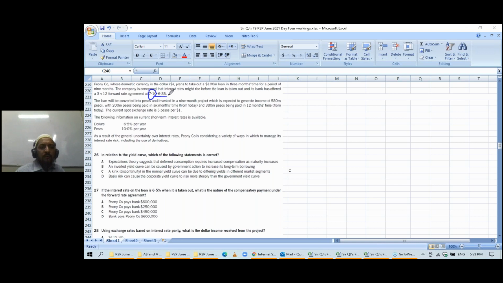This amount of guarantee has been given by the bank, and this is a question in which they want to borrow for 9 months. It's 9 months borrowing, 12 minus 3, and the loan is required in 3 months' time, and there is a loan of 100 million. So now what happens? The rate remains at 6.5%. So now what will happen?